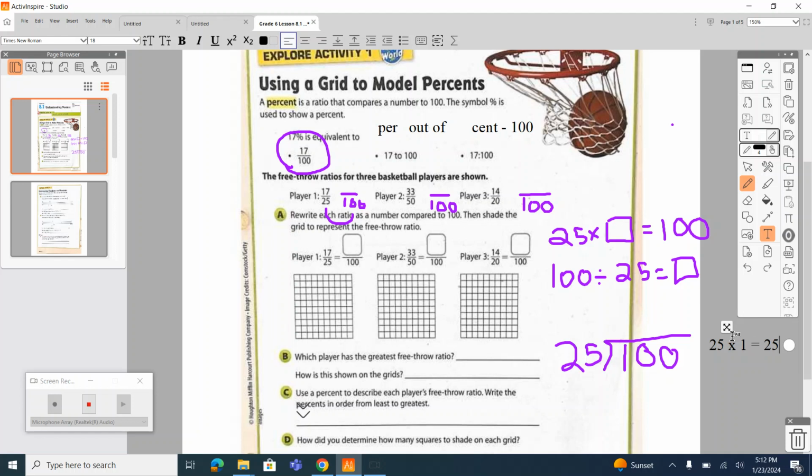And you might know that 25 times 2 is 50. You might have to do long multiplication to know that 25 times 3 is 75. And that 25 times 4 is 100. So it's going to be 4.